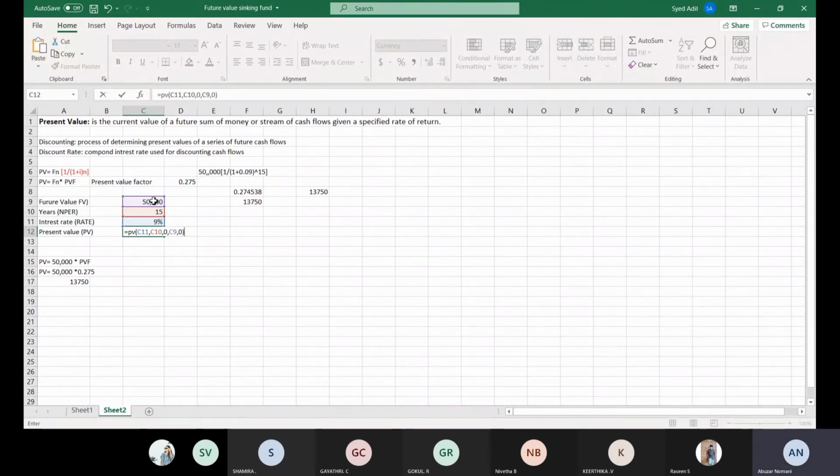Then press enter, we will get the value. Some changes are coming, we will check it again. Present value, rate, what is the rate? 9%. Then NPER 15, then 0, then future value. In future value, we can use a minus sign here.